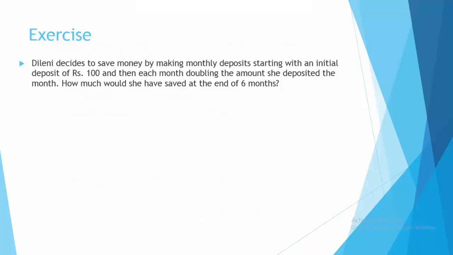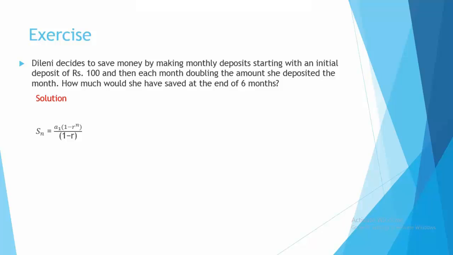Dylan decides to save money by making monthly deposits starting with an initial deposit of 100 rupees and then each month doubling the amount she deposited the previous month. How much would she have saved at the end of 6 months? So the solution can be gained by substituting the values in the sum of the first n terms of a geometric progression.